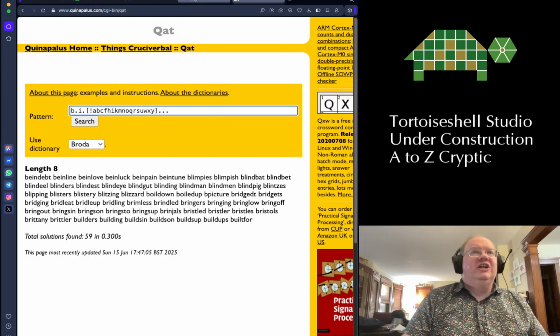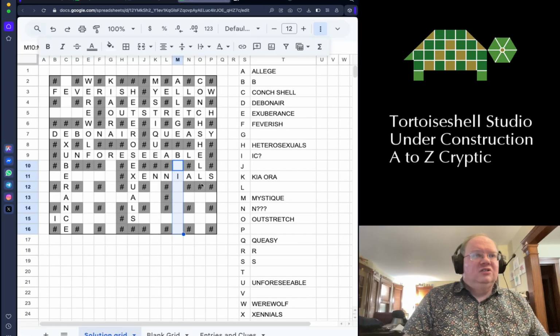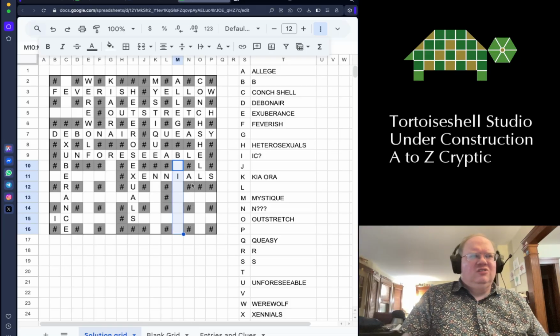Oh, we don't have a Z yet. So we could get Blizzard and then put a Z over here. Blizzard is nice because even if you go, oh, it must intersect the Z, it still doesn't, I guess it does rule out where it can go, because werewolf wouldn't put the Z in the right place.